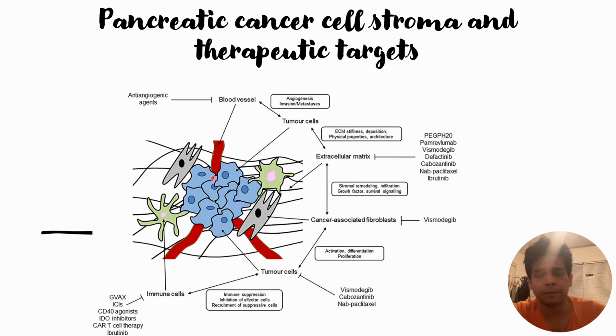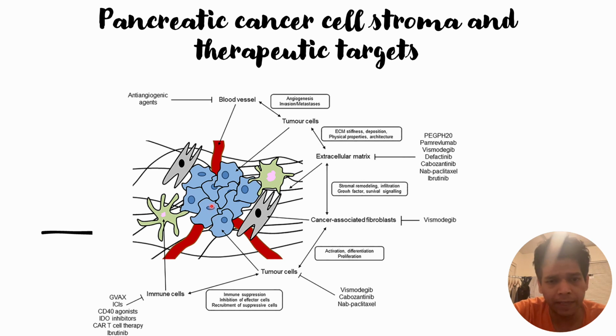One major way they get their food supply is through blood vessels, or they create more blood vessels, which is known as angiogenesis. If we can somehow disrupt these blood vessels, the tumor cells will be deprived of nutrients and will finally die after some time.